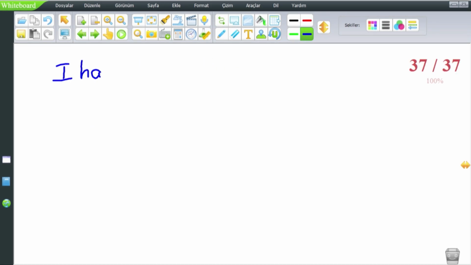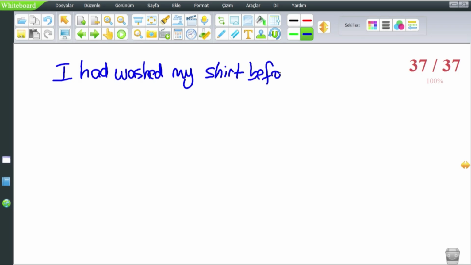I had washed my shirt before I ironed it. Now, this is more of a complicated example because we haven't shown an example using passive voice whose tense is past perfect.